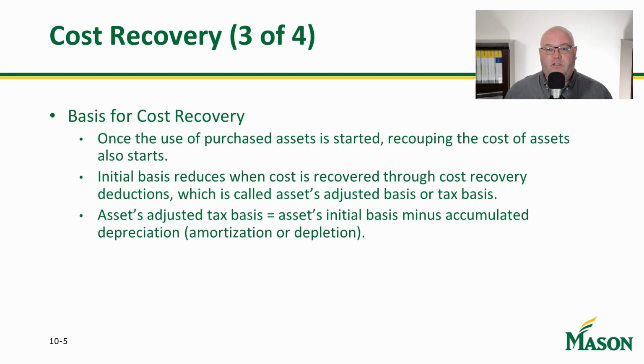The asset's adjusted basis, again, is the initial basis minus accumulated depreciation, amortization, or depletion. Say, for example, you buy a 7-year piece of machinery. We'll say that it has a compressor in it. The compressor breaks. You spend $20,000 getting it back working again.